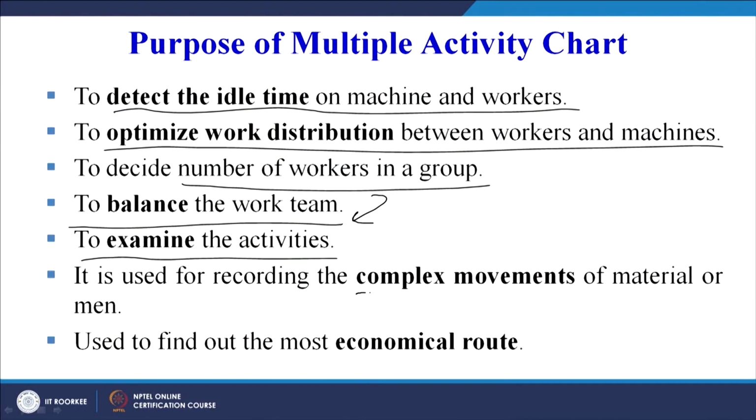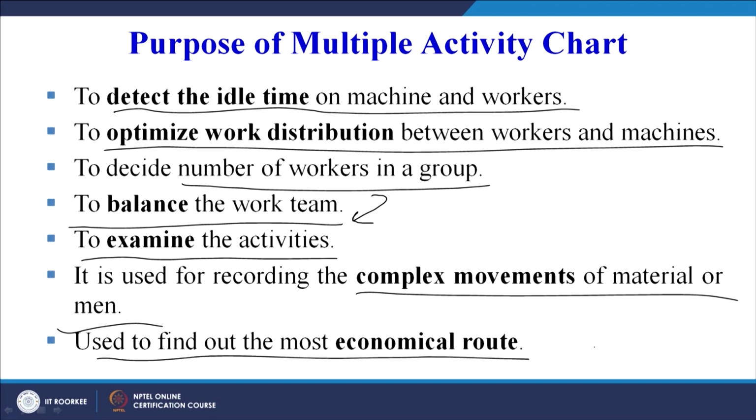It is used for recording the complex movements of material and men. So that is also one advantage of the multiple activity chart, used to find out the most economical route. Maybe this is specific to some specific type of multiple activity charts, and may not be relevant to each and every type of multiple activity chart.